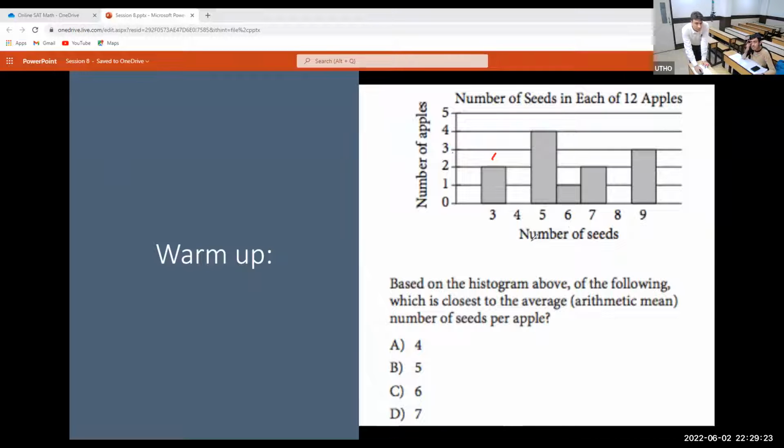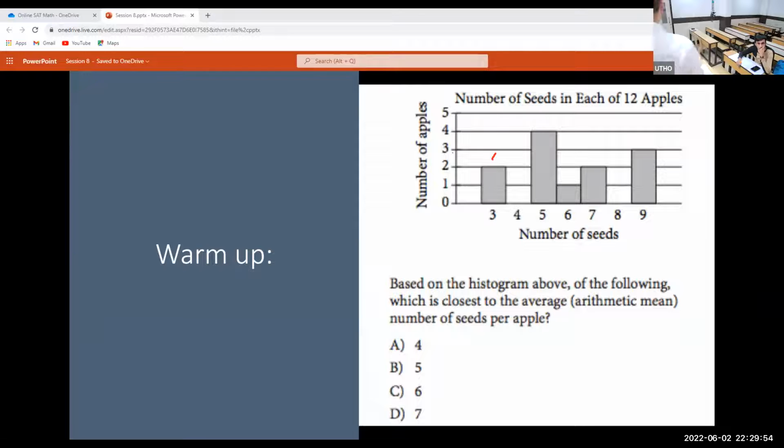Right? So if I find the total number of seeds, 2 apples have 3 seeds, so can I say total 6 seeds? Yes. Similarly, there are no apples with 4 seeds, but there are 4 apples with 5 seeds, so I can say total 20 seeds. There is 1 apple with 6 seeds, so 6 seeds total from these apples.